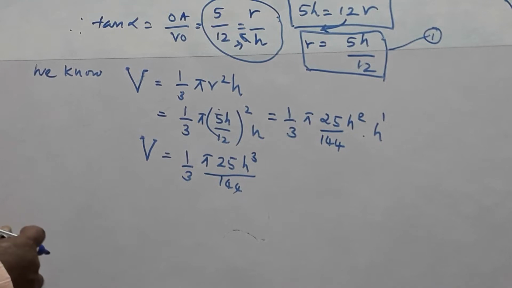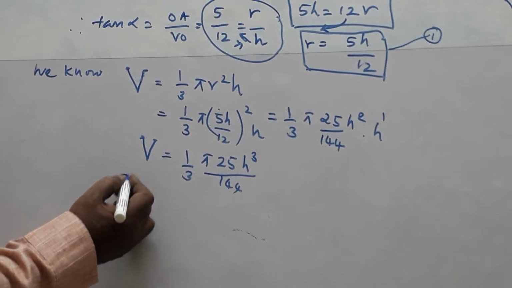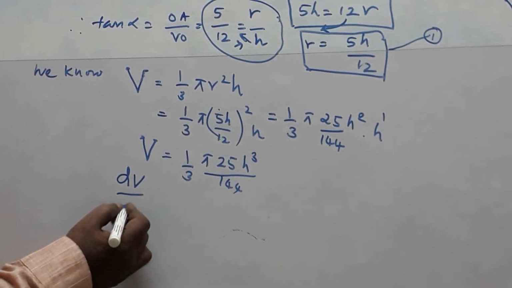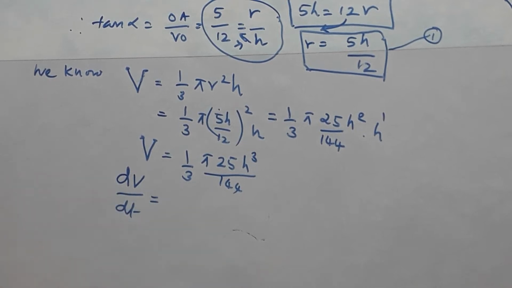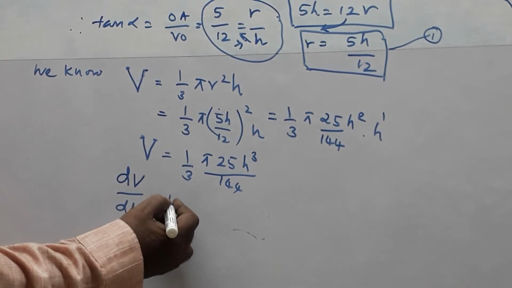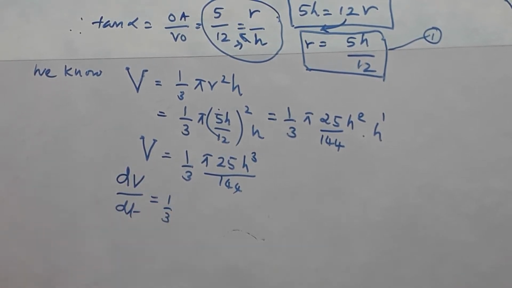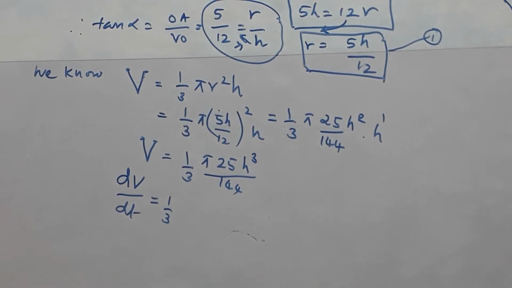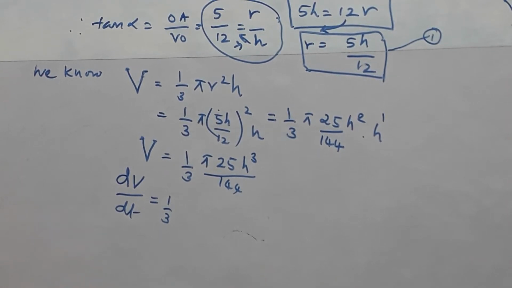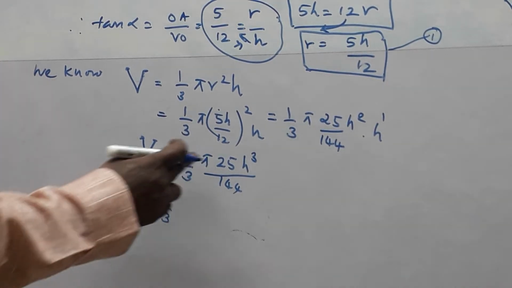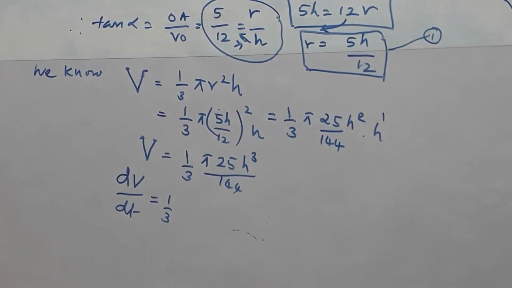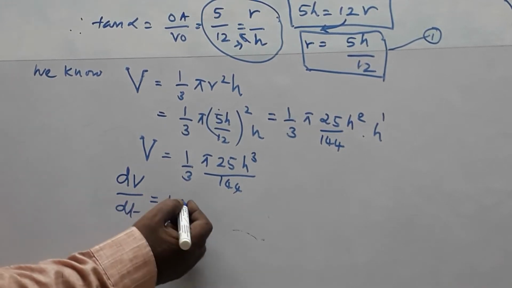That's why we are differentiating dV by dt. dV by dt is nothing but 1 by 3 pi, where 1 by 3 is constant. We are differentiating with respect to t.